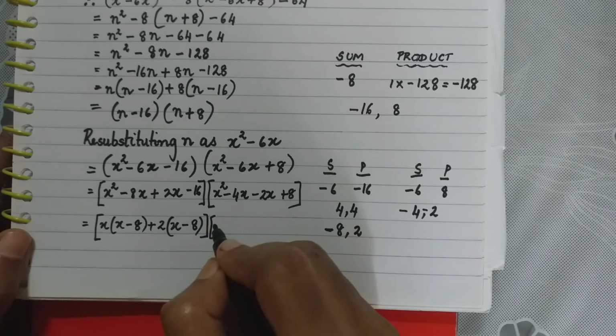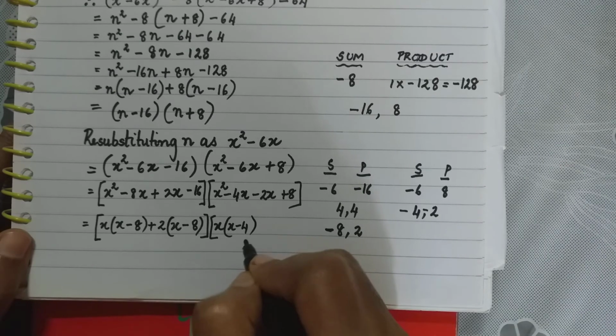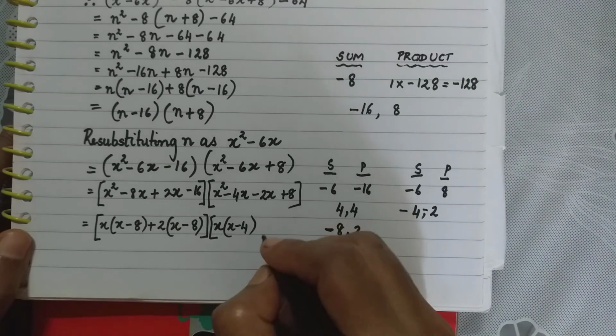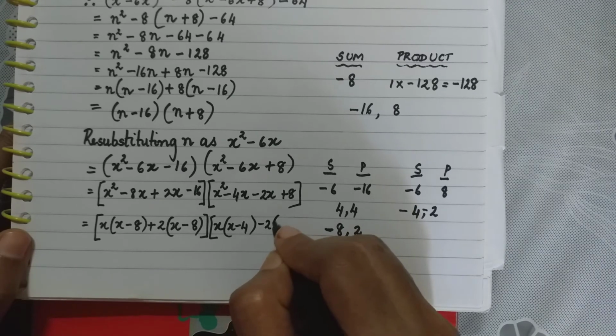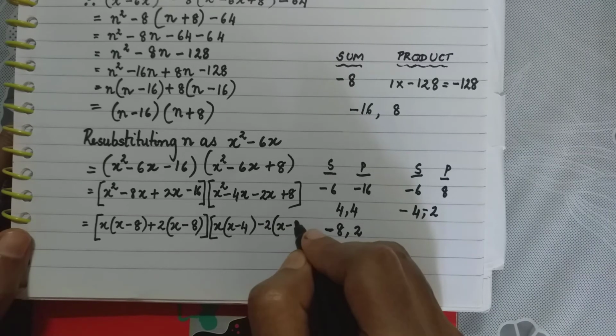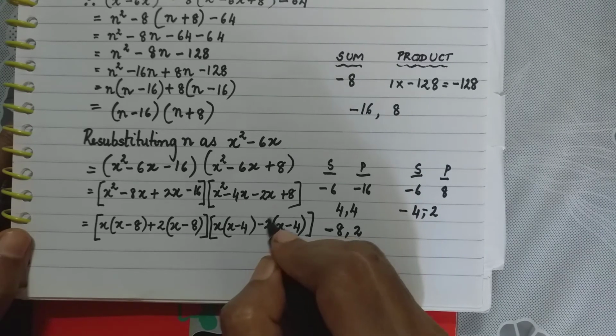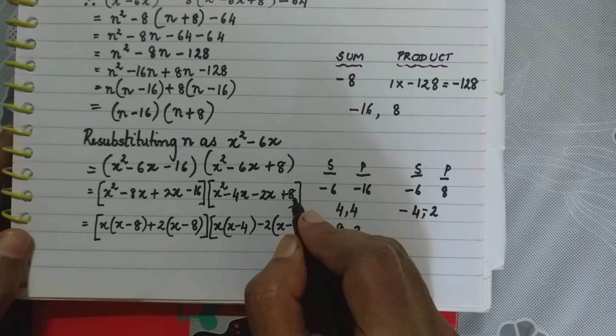Again here in these two we have x common. You have x minus 4. In these two you have minus 2 common. So minus 2 into x will be minus 2x. Here I will write minus 4. Why minus 4? Minus 4 into minus 2 is plus 8.